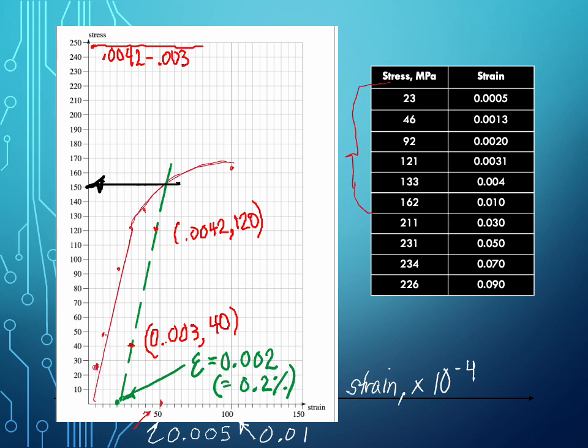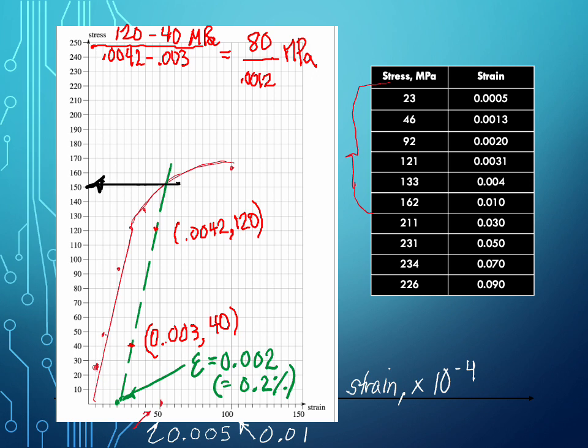And then the numerator, we're going to have the change in stress, so that's 120 minus 40 megapascals. So that gives me 80 divided by 0.0012, and that will also be in megapascals.